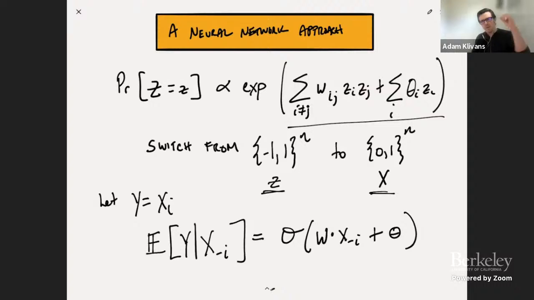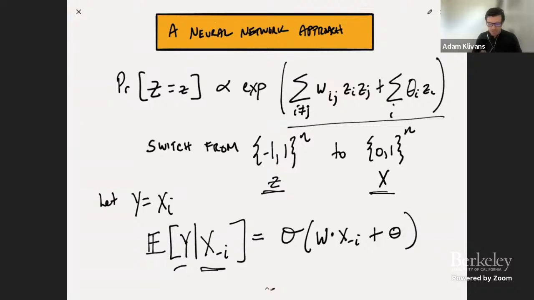And I'm going to pick one vertex, say vertex i in my dependency graph, and assume that that is my label, because we're going to do supervised learning. So x_i is going to be my label, y. And then I'm going to condition on the rest of the variables. That's how I've written x_{-i}: all of the values of the variables except for i.